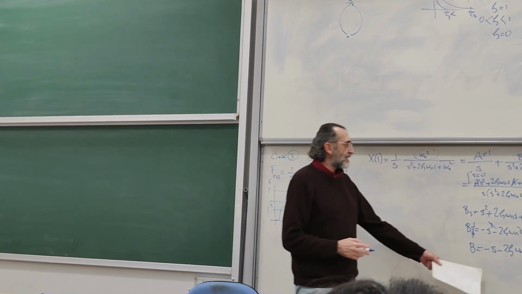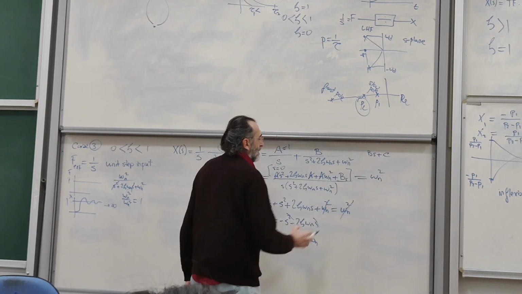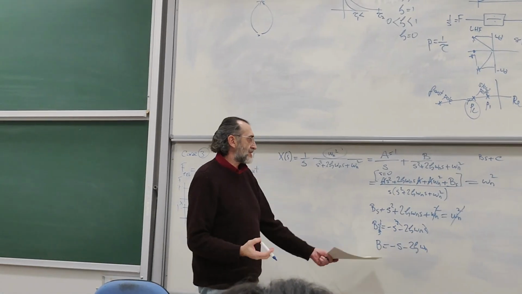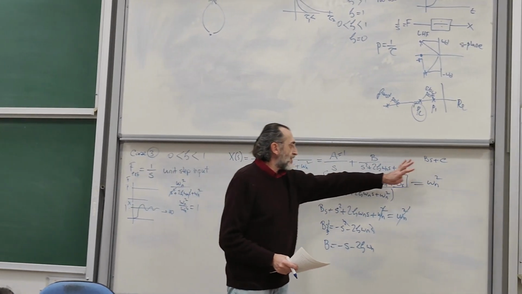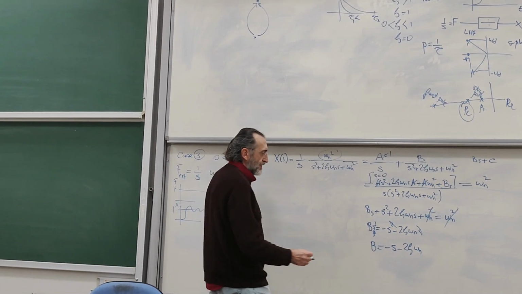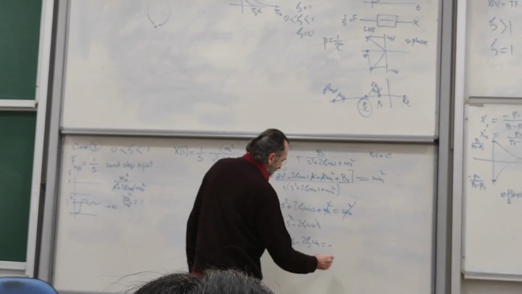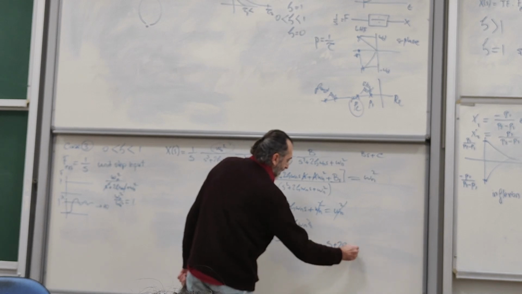And just like we said, this had to be BS plus C, right? But it gives you the same answer anyways. If I did this way or I did that way, it would give me the same answer. So B is equal to minus S plus 2 zeta omega n.